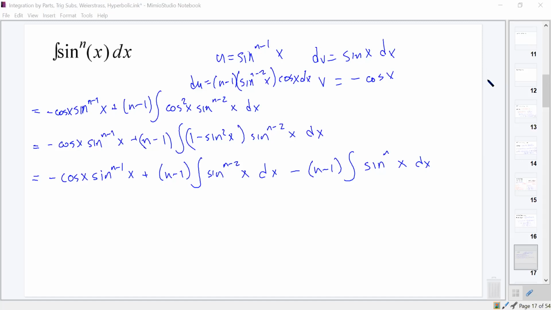We end up with part of the original. So we can say that this is all equal to the integral of sine to the n of x dx. I mean, it's all equal to what we started with. So all of this is sine to the n of x dx. So if I take this n minus 1 integrals of sine to the n of x dx and add it to the other side of my equals sign, I should get a nice little formula here.